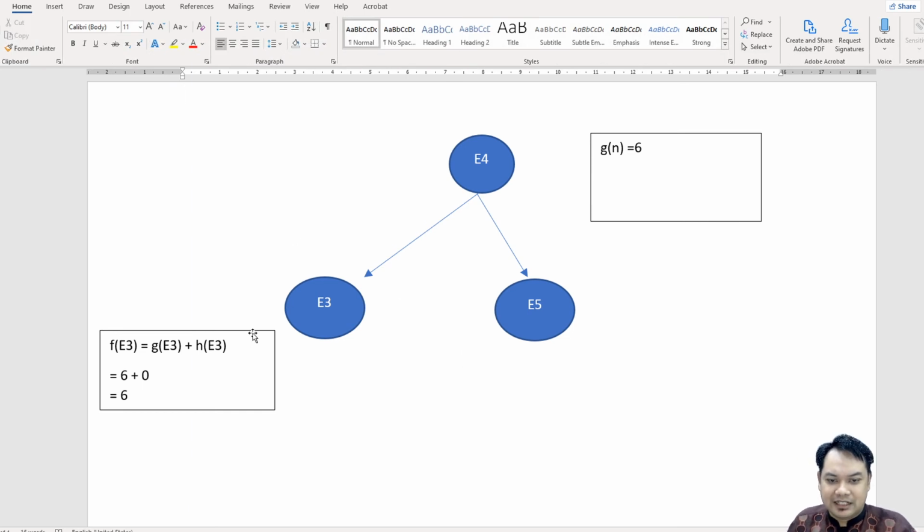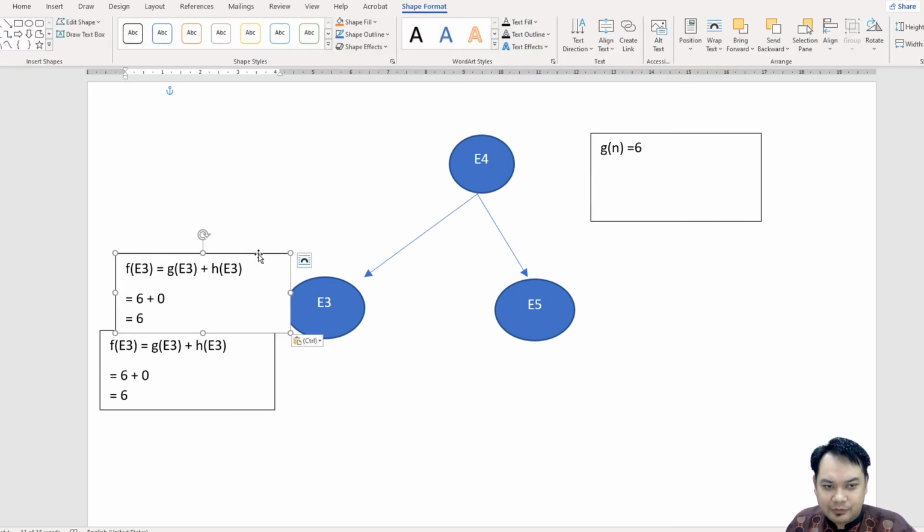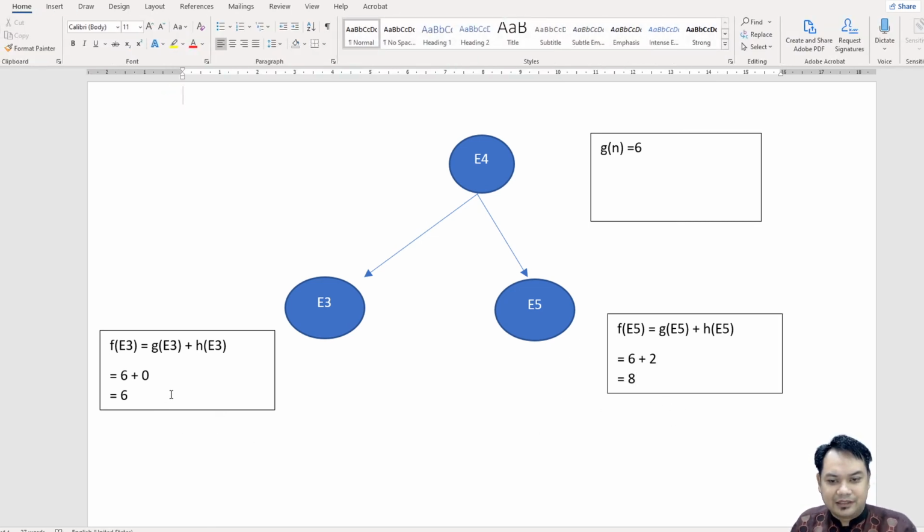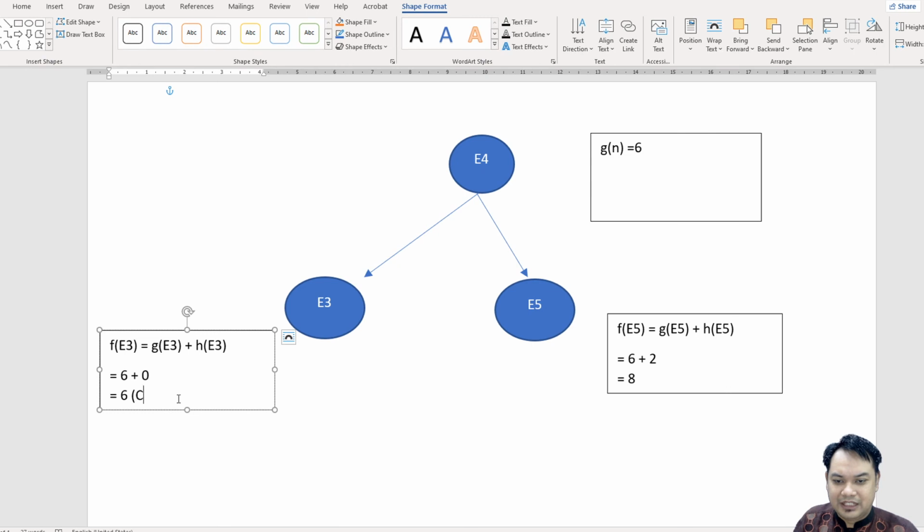And then on another choice would be E5. Okay, E5. So on E5 you have 6 plus 2. So we have 8. So 8 versus 6. So 6 would be the lowest one. So this one is chosen.